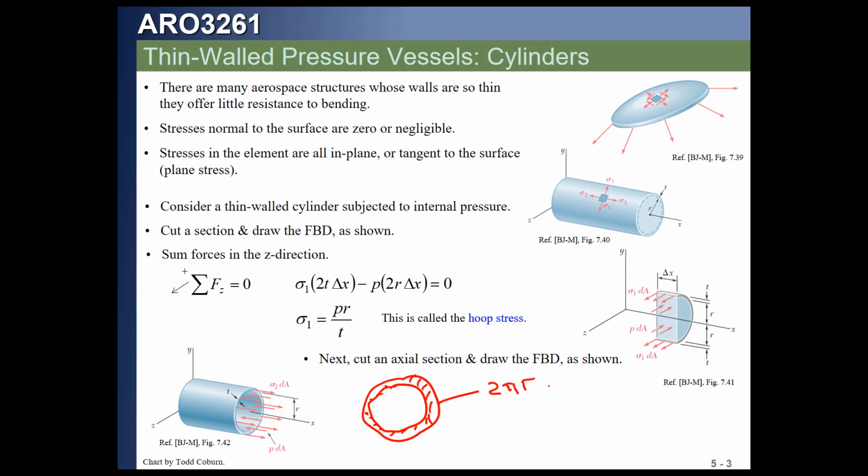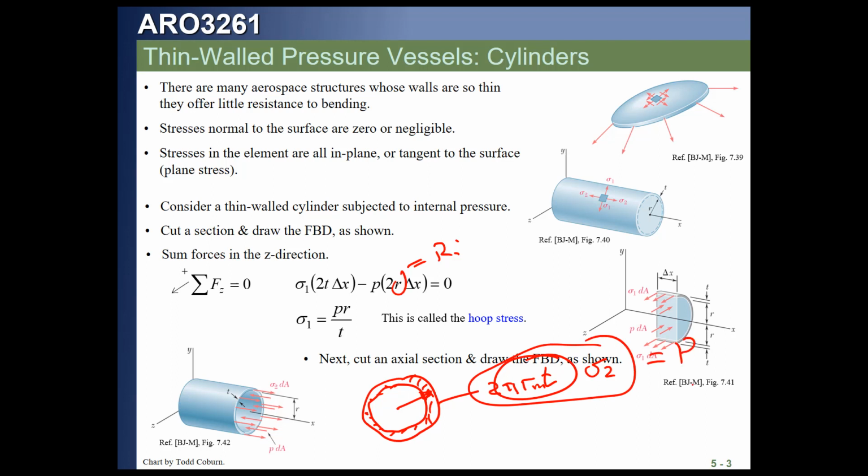That really is the midplane radius. While this radius was Ri, the radius we're going to use here is actually R midplane. Once again, we're going to pretend those are the same radius, and that's only true if R is very large relative to our thickness. But we're going to make that gross assumption. So 2 pi r midplane times T is the area. The total force would be whatever that stress is, which we're going to call sigma 2, times that area. That will give us the force holding it together, right?